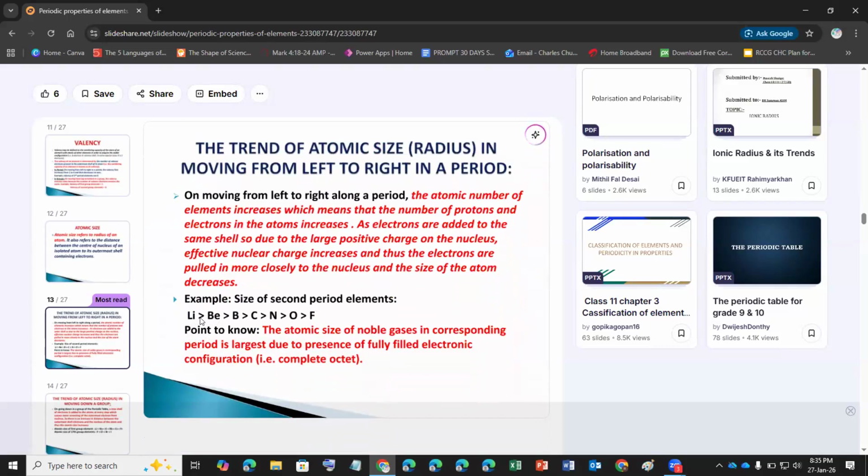Okay, sorry. Across a period it reduces, but down a group it increases. So please, let's not mix it up. Across a period, atomic size will reduce, but down a group it increases.